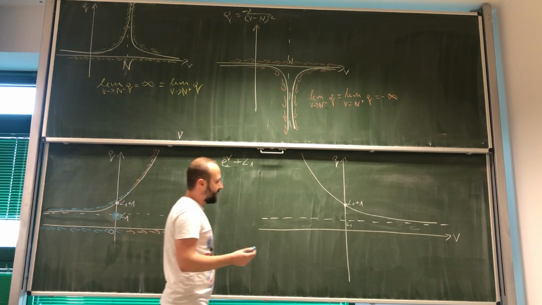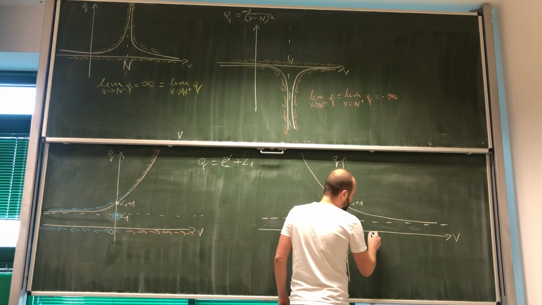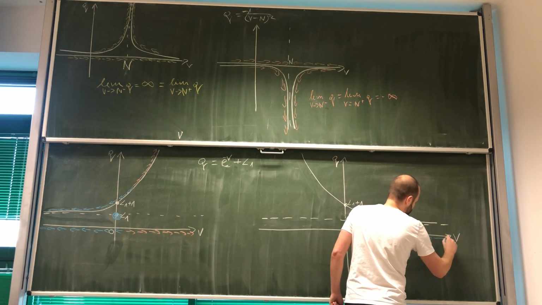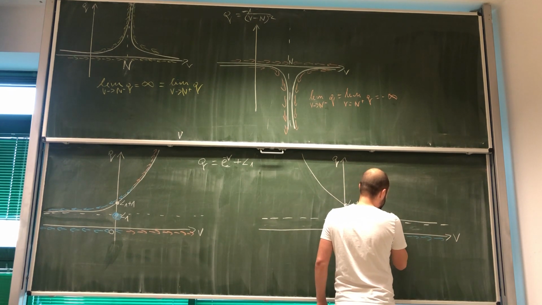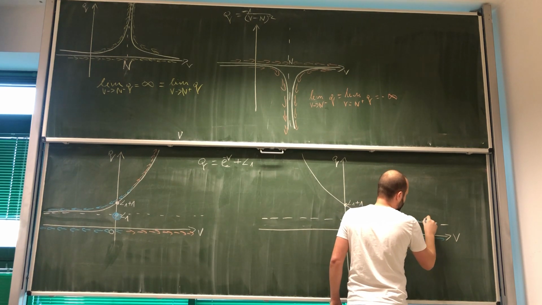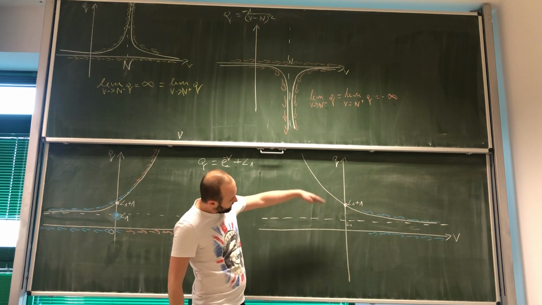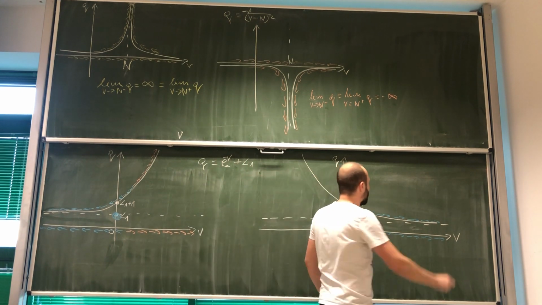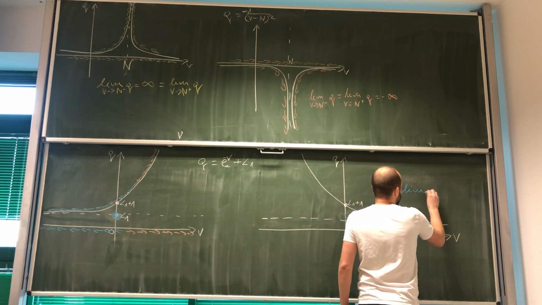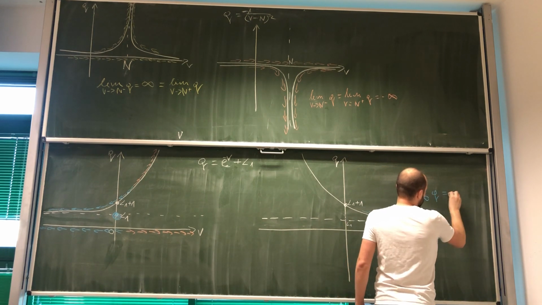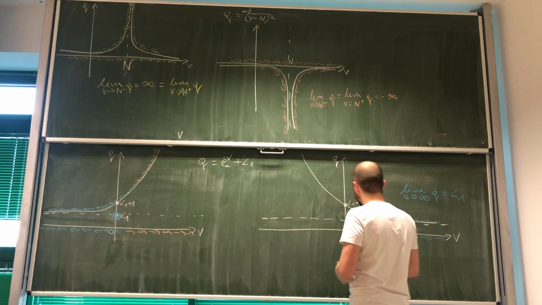If I'm now going to start by evaluating the right side limit, I see that the values of the function are getting smaller and smaller, but they stabilize, right? They're getting closer and closer to 1. So here I can write the limit with v approaching infinity of q is equal to L1.